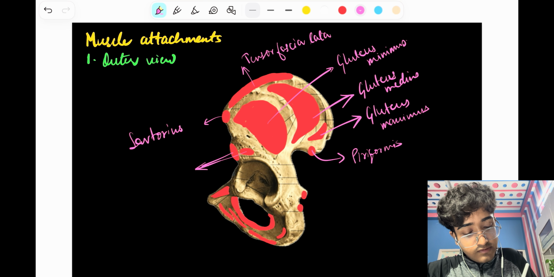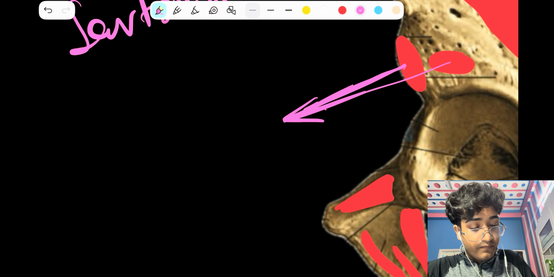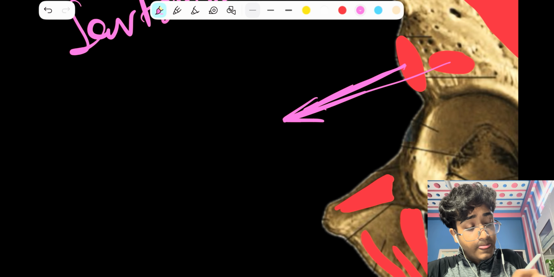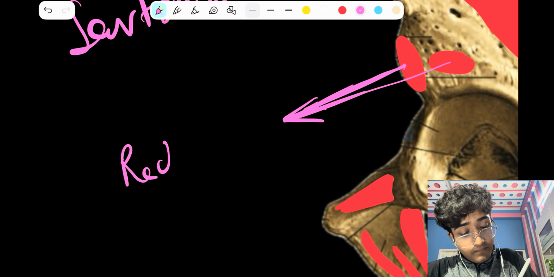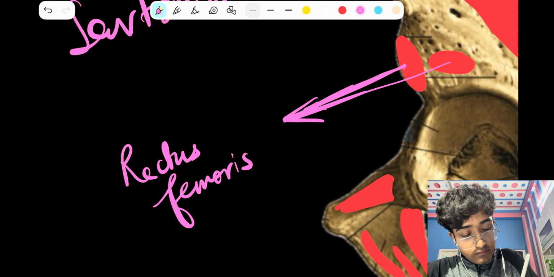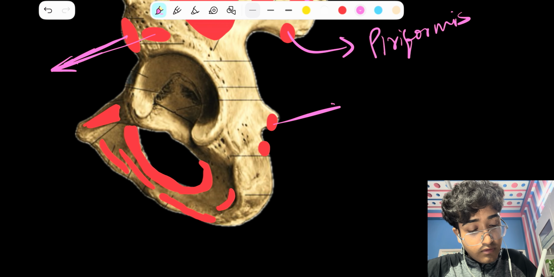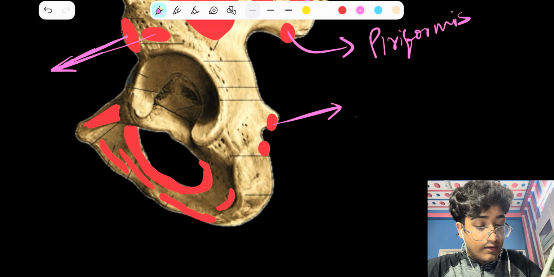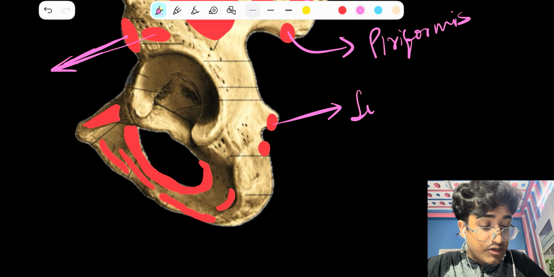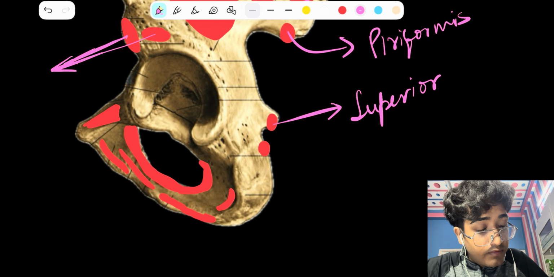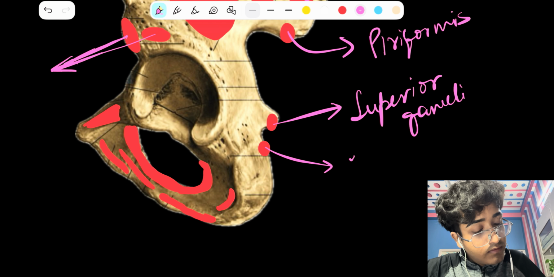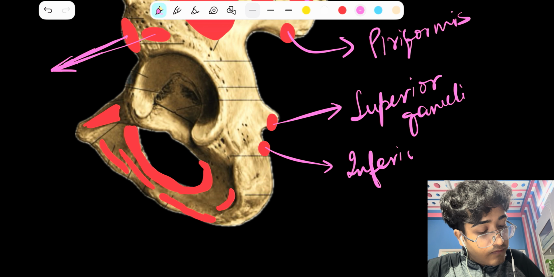Don't take stress, okay? Rectus femoris. This ischial spine gives attachment for the superior gemelli, and here for the inferior gemelli.